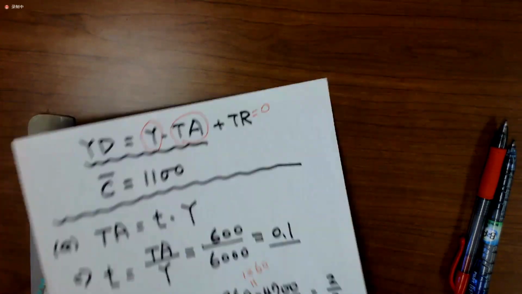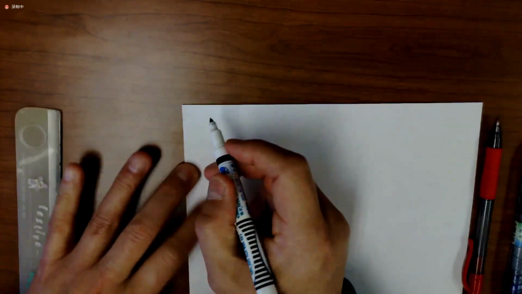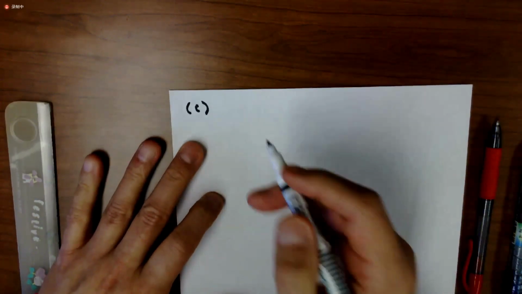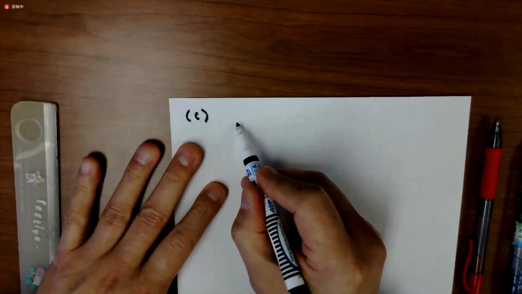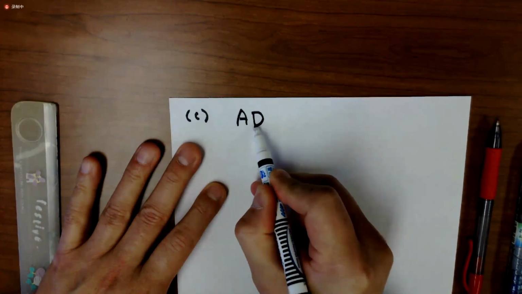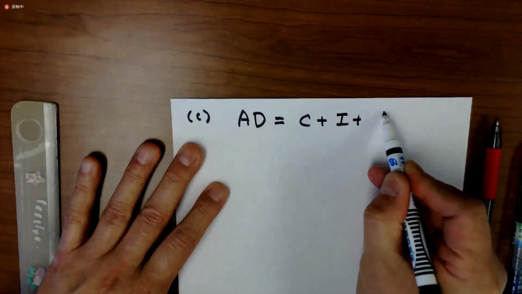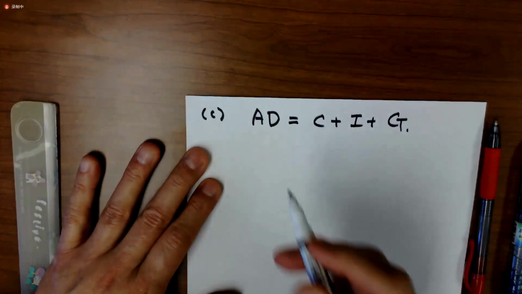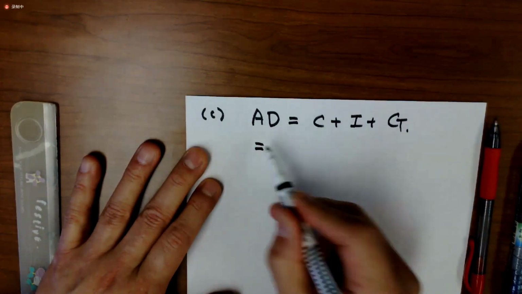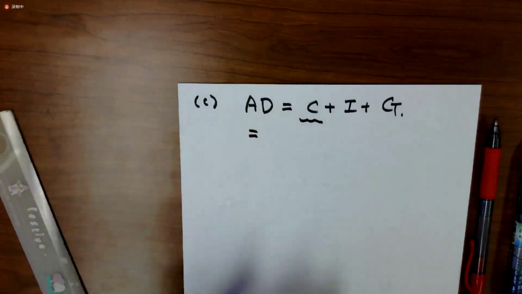What's next? What's the equilibrium output? We have done this so many times, in the lectures as well as in the TA section. Y equals C plus I plus G. Do I have the equation for C?